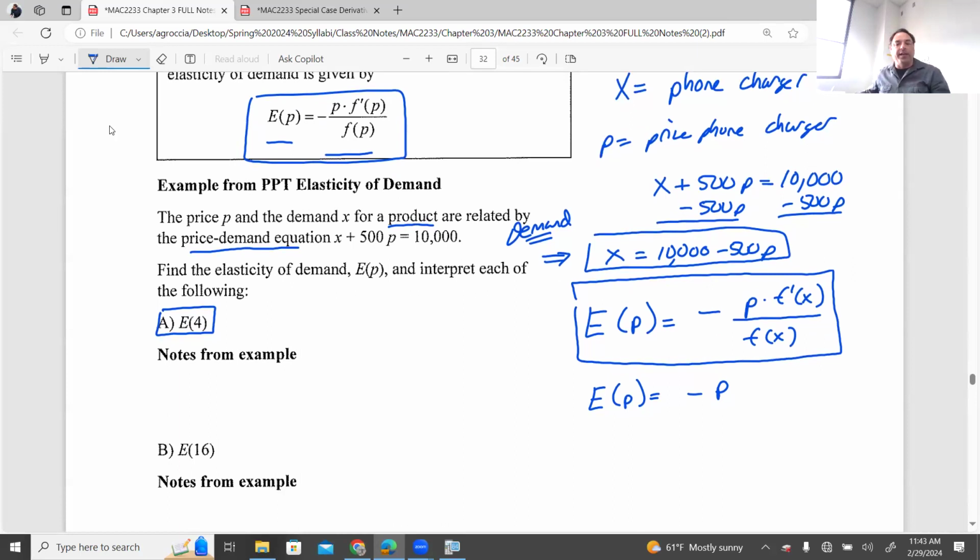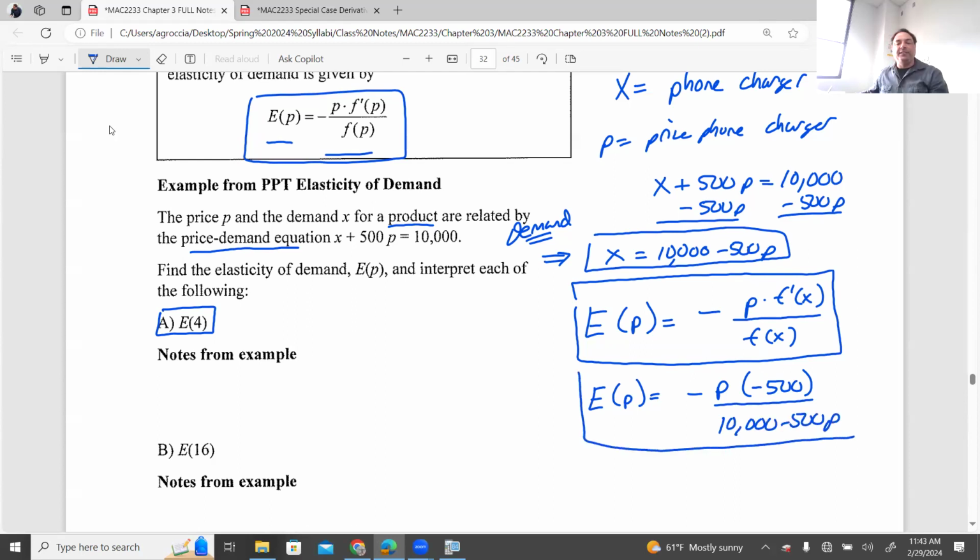Then be careful. This is where we've got to understand. The next part is the derivative of demand. So the demand is right here. This is your demand. We're going to take the derivative of it. What's the derivative of 10,000? 0. What's the derivative of negative 500P? So be careful. Does everyone see where that negative 500 came from? Over the original demand, which is 10,000 minus 500P.